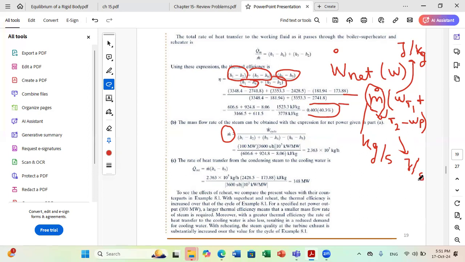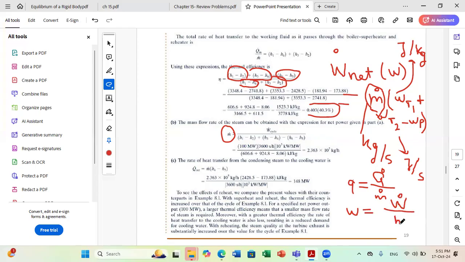So I can say that small q is q dot over m dot, and small w is w dot over m dot.